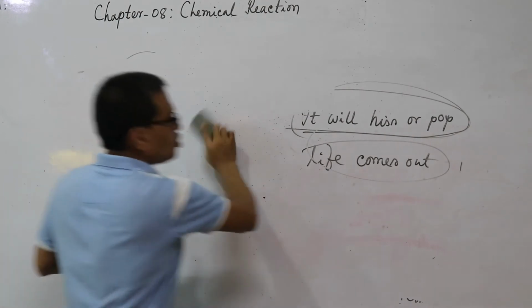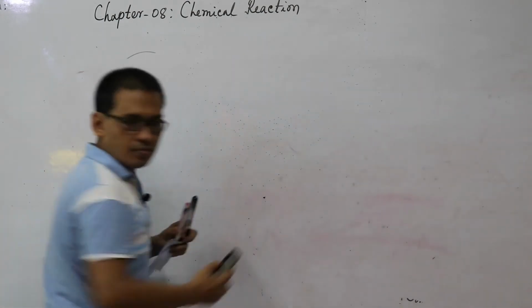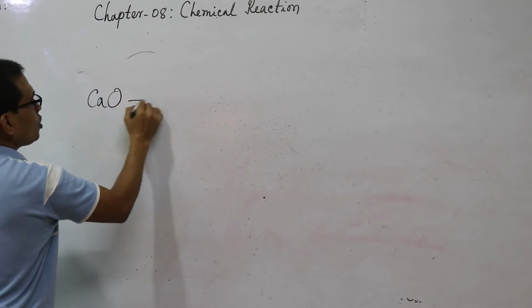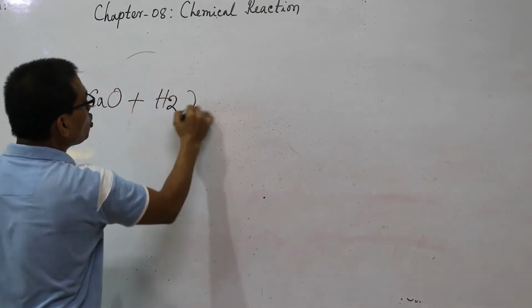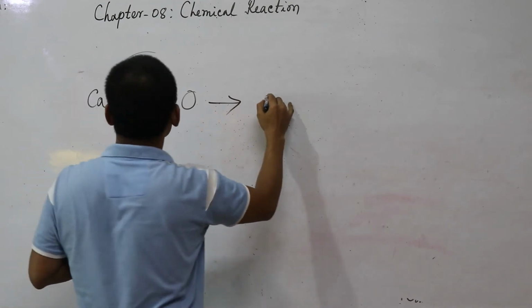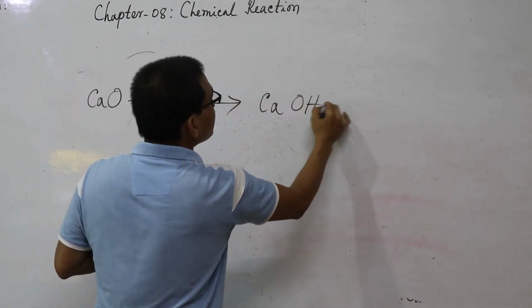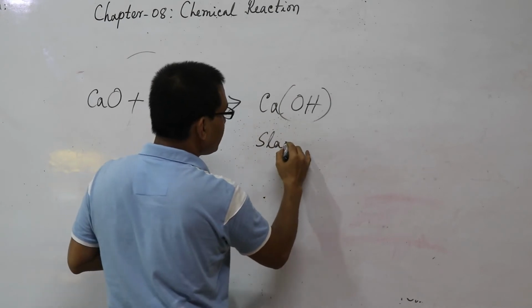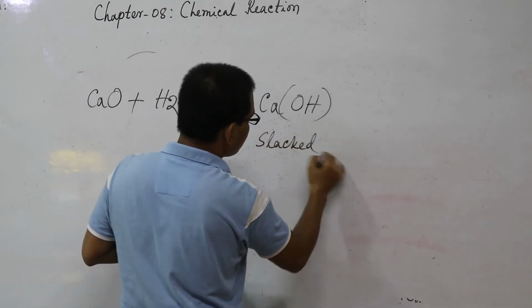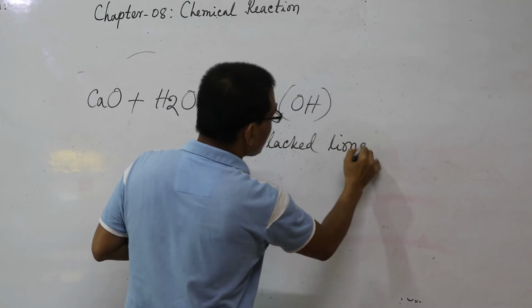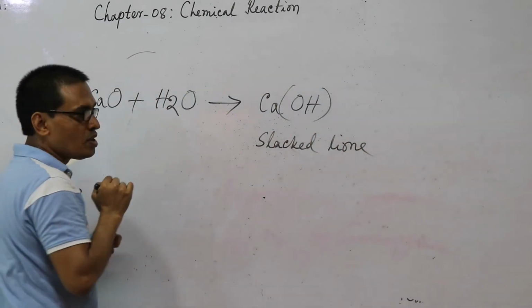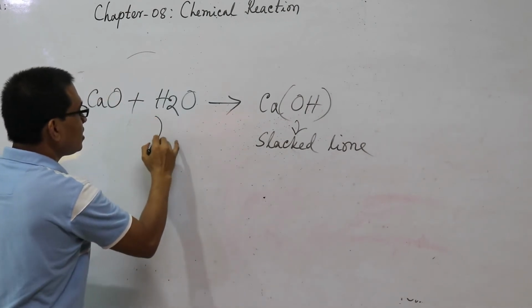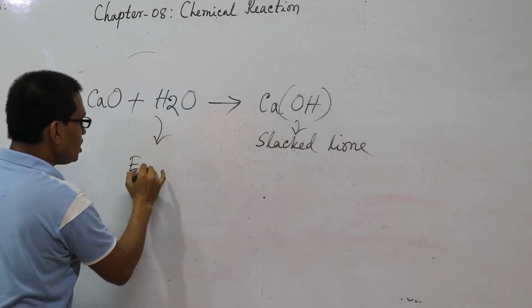When water is added to quicklime, calcium hydroxide, known as slaked lime, is produced, and this water evaporates.